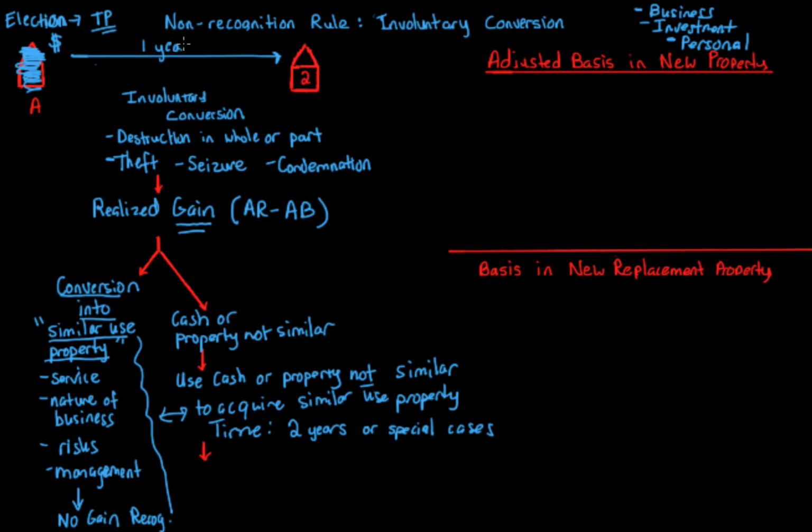Why do we have this time constraint? Well, think about it. When you get your money, are you instantly going to be able to go out and buy that house? No, you have to find a suitable house to live in that you want, right? You can't let this storm, this event, go out and I'm going to have to buy a house within a month. You have to have some reasonable time, right? To go out, okay, I need to look at houses.